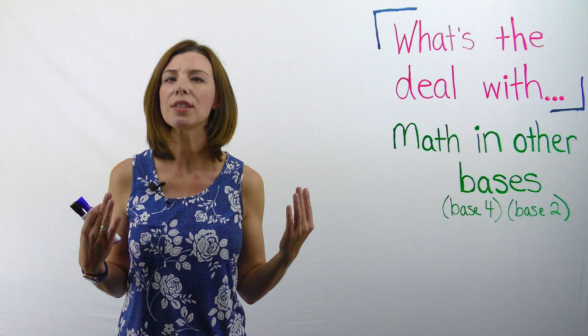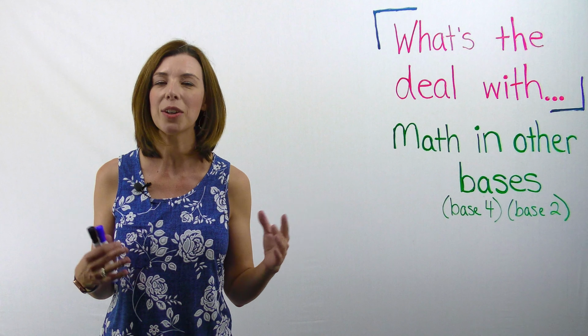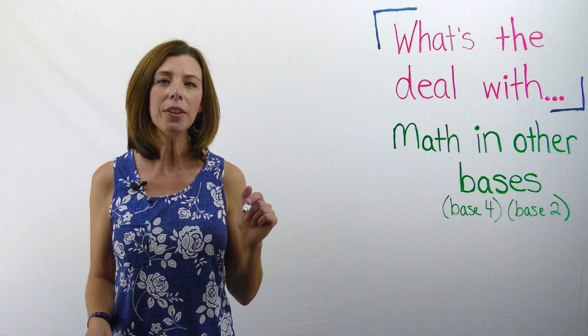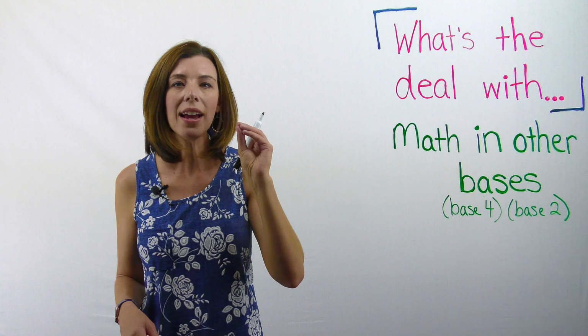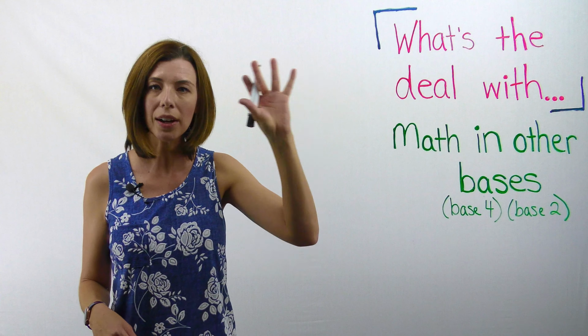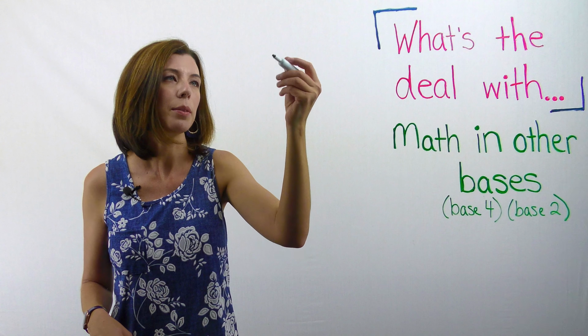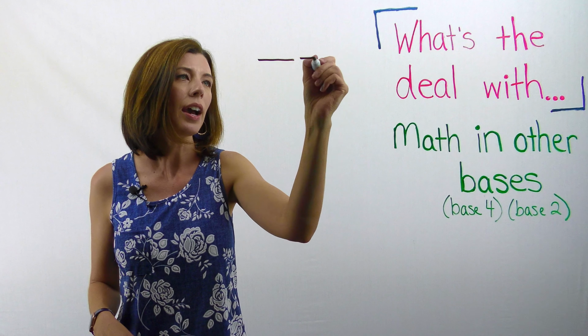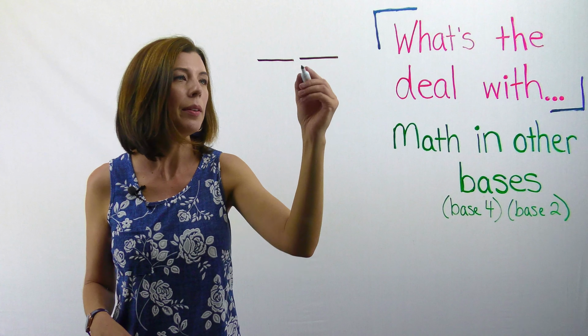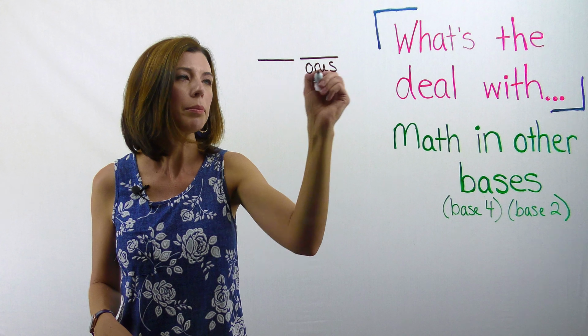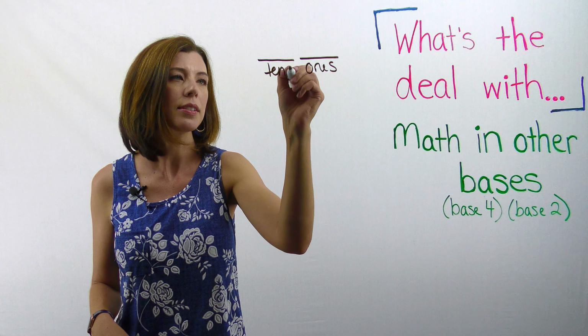Let's just talk about base 4 for a minute, because you've seen a lot of videos about base 4. I want you to think for a moment of why this is wrong. So let's go back to kindergarten for just a second and think about our current system. So we know that I have 2 digits, right? And I know that this is my ones place and this is my tens place.